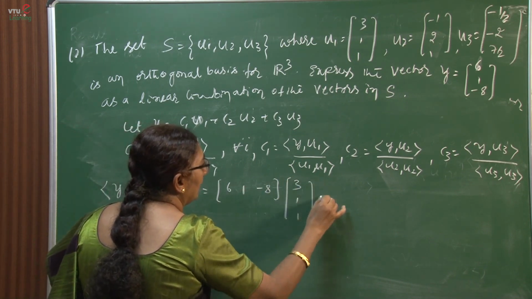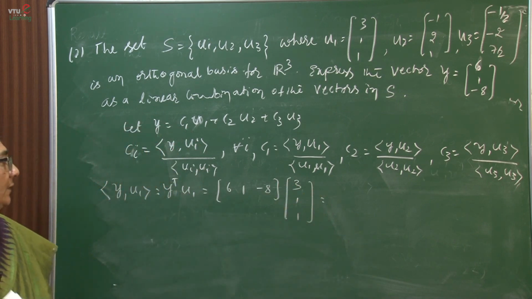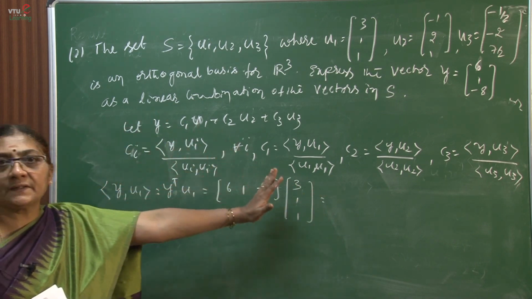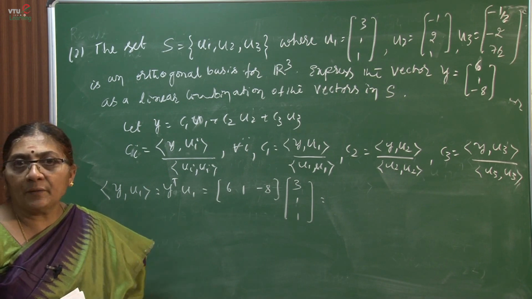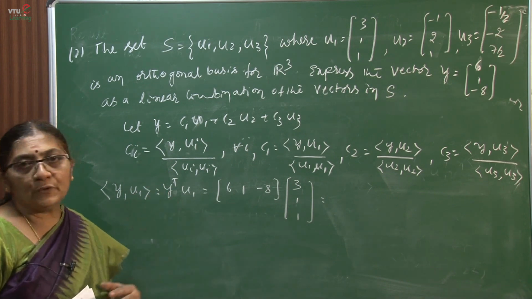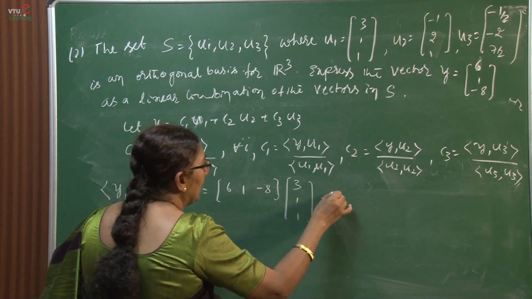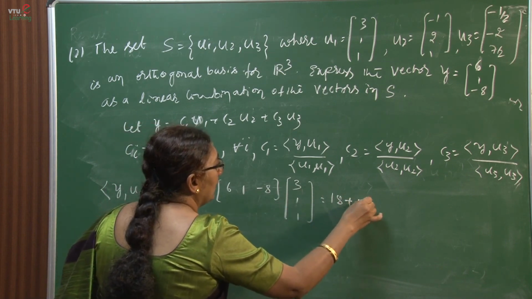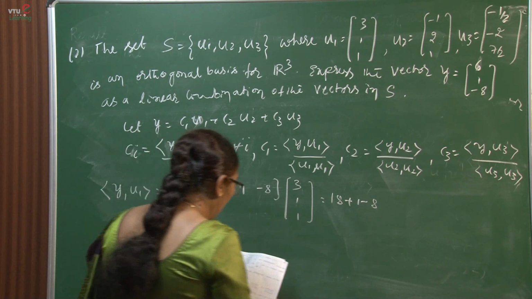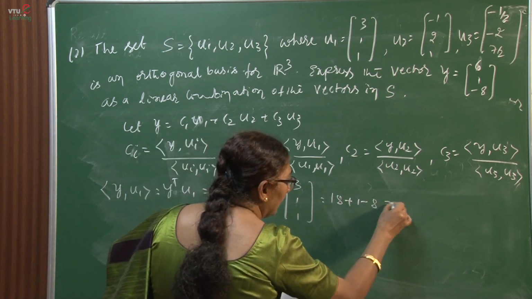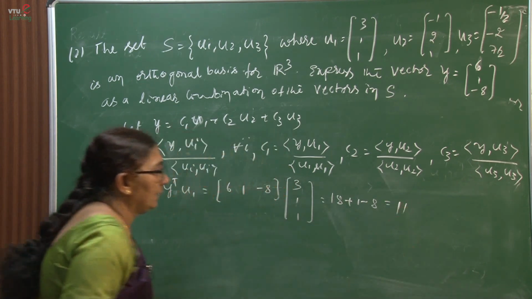I took Y transpose U1 because the given vectors are column vectors. The inner product is Y transpose times U1, row times column: 3 times 6 is 18, plus 1, minus 8. The value we get is 11.